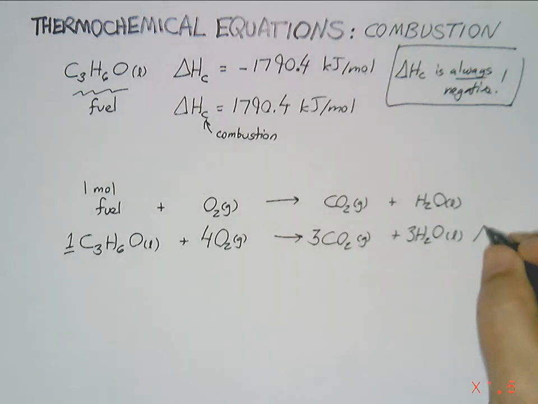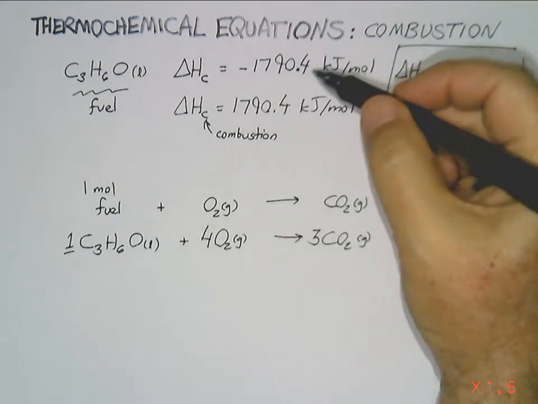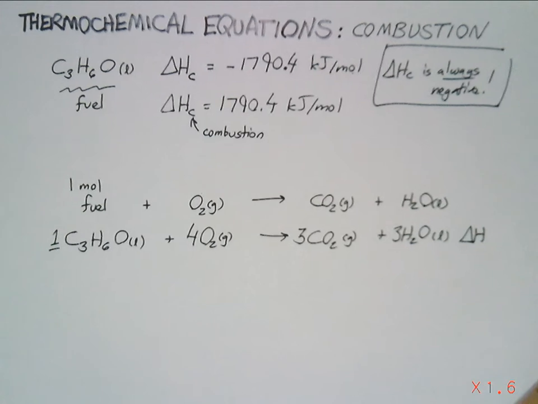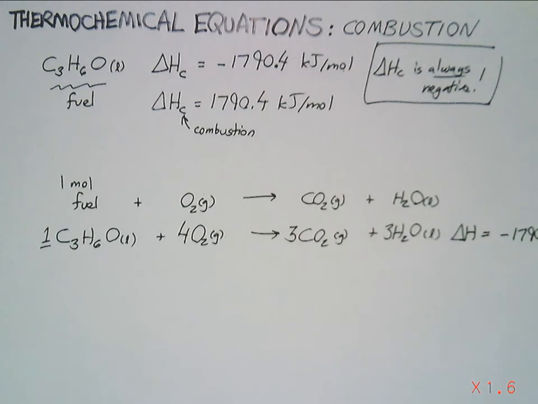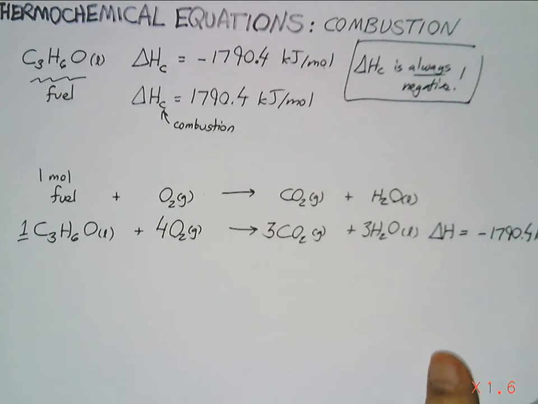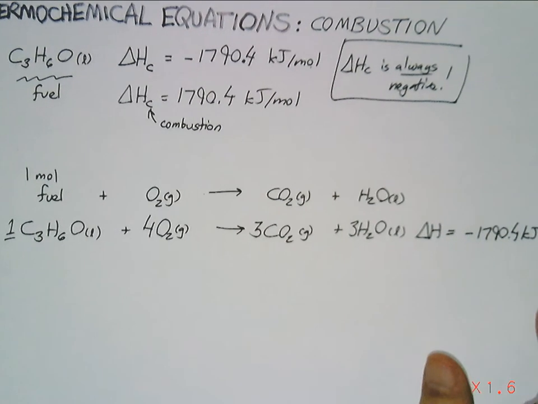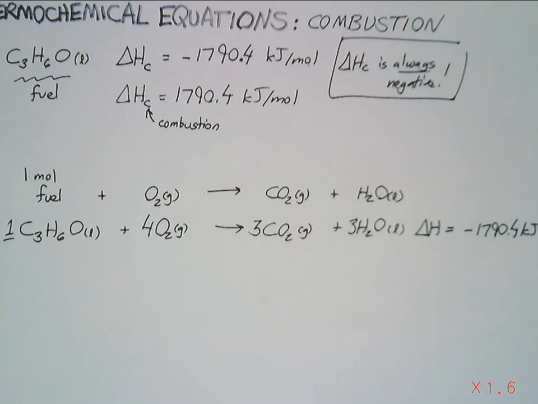And now I can write the enthalpy of combustion that I was given down as just a plain old delta H. Always will be negative for a combustion reaction when they have that little C there.